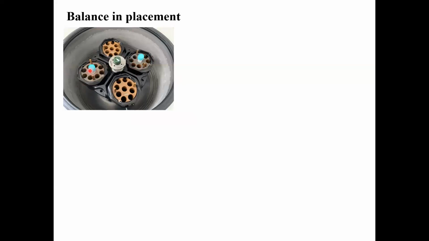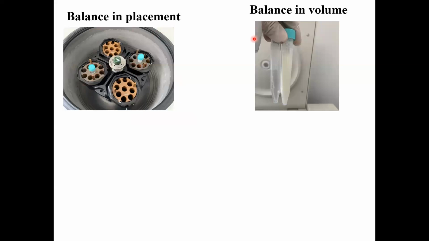They also have the same level of liquid. As I mentioned earlier, you can balance the milk with water because milk is mostly water. So they are balanced in terms of placement and in terms of volume.